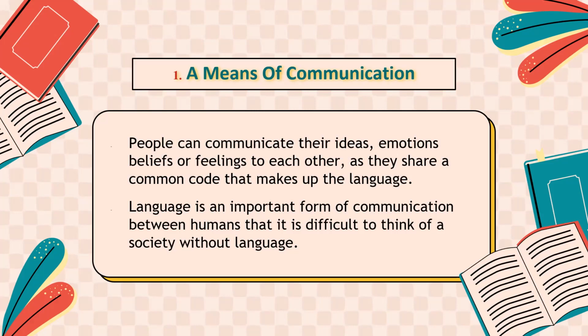Someone gives and the other part receives, and then this other part gives and the first part receives. This is the common code that these two people who can communicate share, each one is able to receive and give. So here we create a conversation. Here we have this communication process.